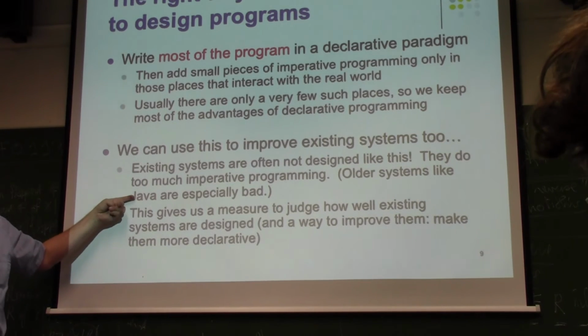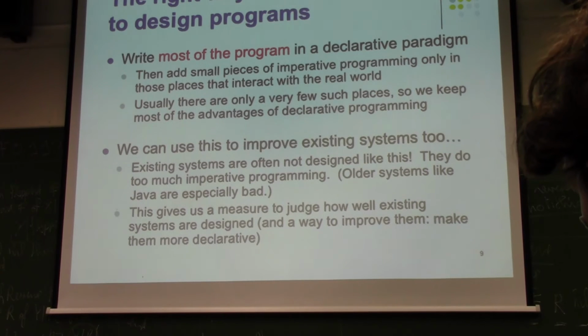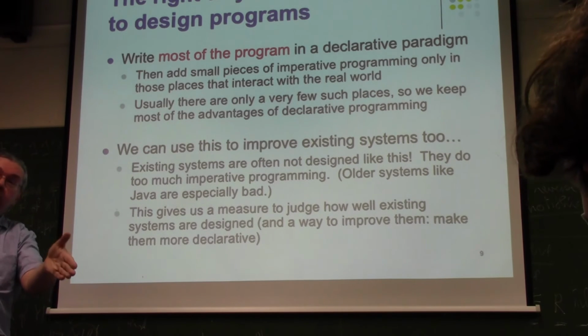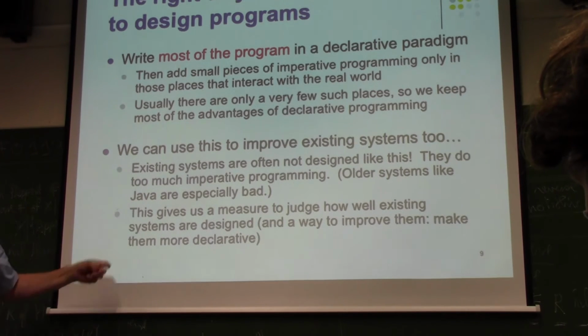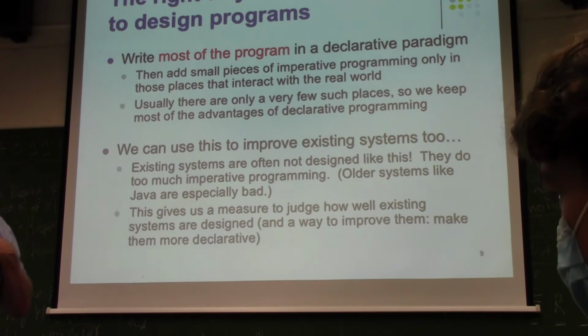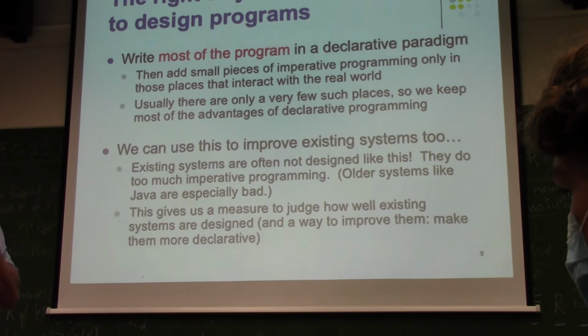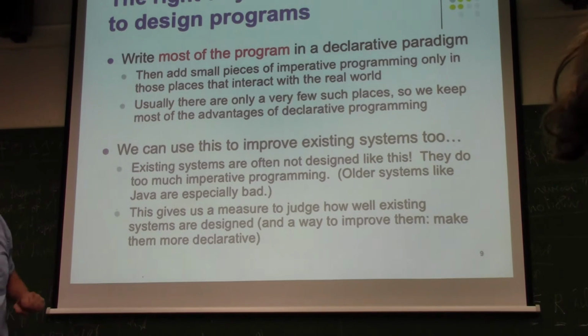So old programs in Java are typical bad examples, okay? So if you want to improve, if someone is giving you legacy code and you have to maintain it, the way to do that is to try to make it more declarative. If you want to make your life easy, make it more declarative. But of course there's huge amounts of legacy code and you're going to be stuck with that, okay? So I cannot help you with that. I can only help you with how to make it better after.